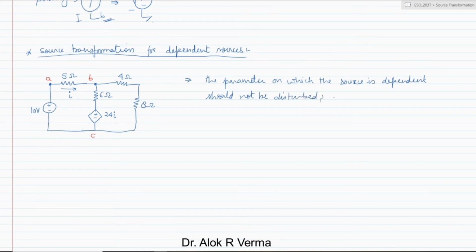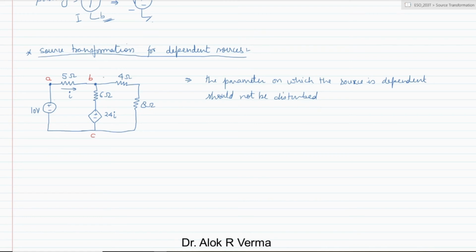What does it mean? This condition is very clear, but what does it mean? Whatever happens to the transformation, the element between the A and B terminals, basically the 5 ohm resistor having the dependent quantity I on which this voltage source is dependent, should not be disturbed.